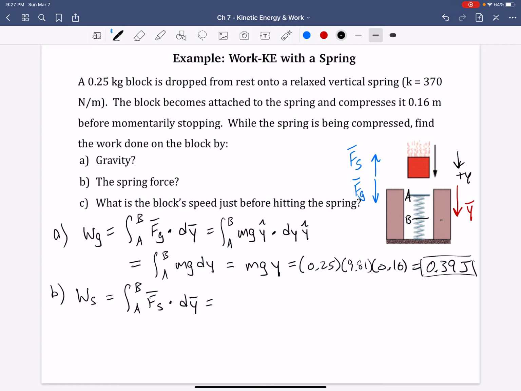Spring force is negative ky vector, integral from A to B, dotted with the dy vector here. This negative comes from the fact that it's pointing up, which is in the negative direction that we've specified.